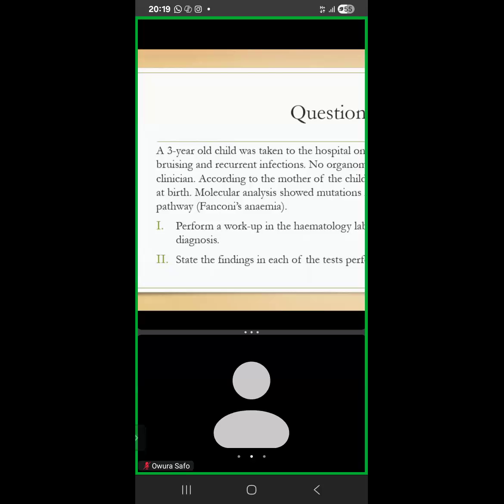Most of the time, the full blood count easily gives it away. The peripheral blood cell easily gives it away. Sometimes you need to go through some of these things and pay attention to every piece of clinical information. That is why we need clinical information, as a matter of fact.